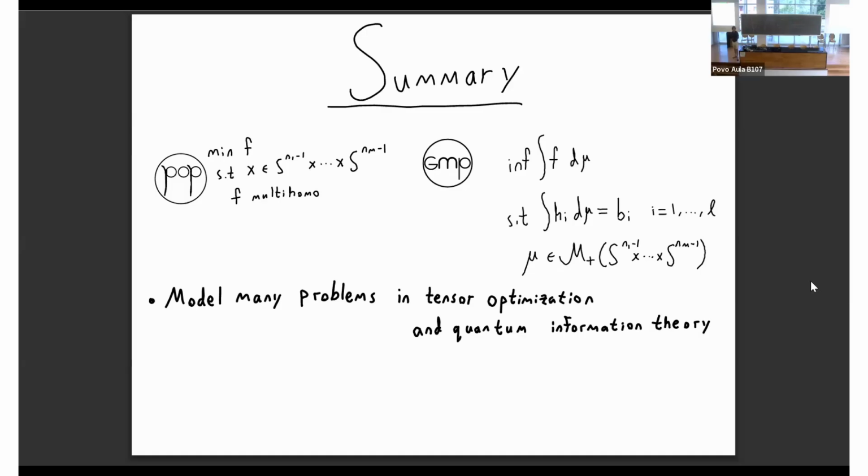When we apply this problem to tensor optimization, the polynomial will come straight from the tensor coefficients, and this is the form of it, and you can't add a homogeneous monomial because this is not in the tensor.